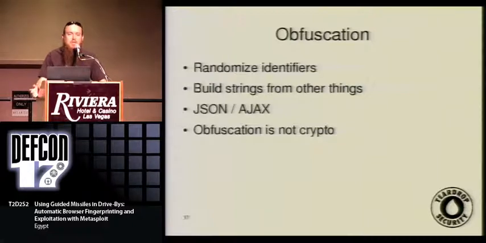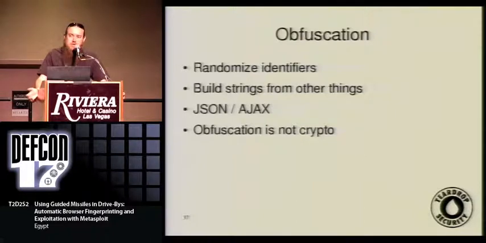We can use that. We can use unescape. There are a number of different ways of building a string from things that aren't strings and won't trigger AV. Another solution is using Ajax to send a little bit of it at a time. You download some JavaScript with Ajax, you run it, you download some more, you run it, you download some more. So now we're getting little chunks of the payload, and it doesn't look quite as evil.